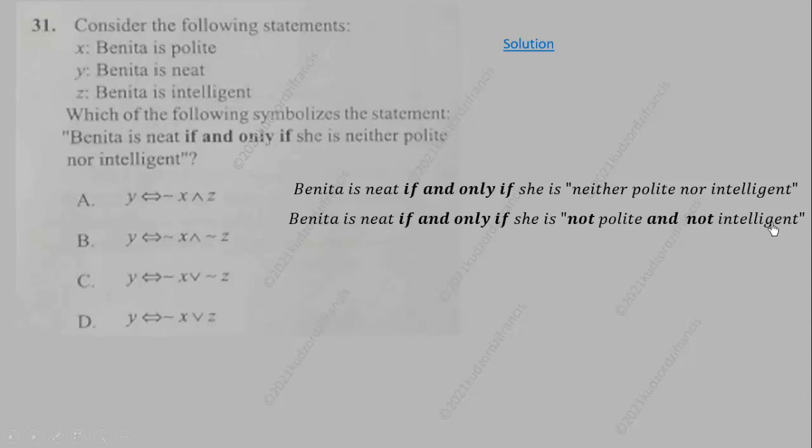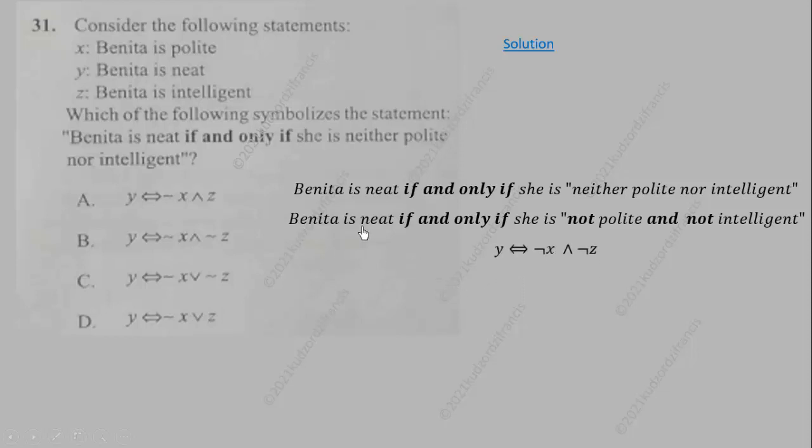Then not intelligent: Benita is not intelligent, so the negation of this statement, which is negative Y. So this gives us the symbolic representation as this.